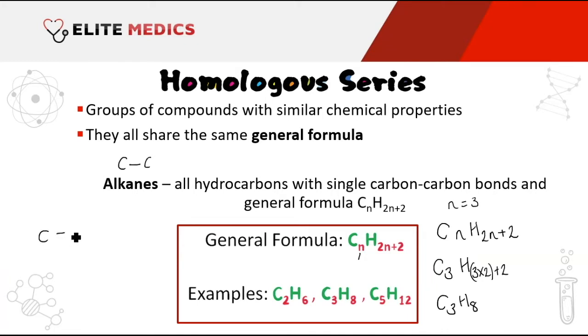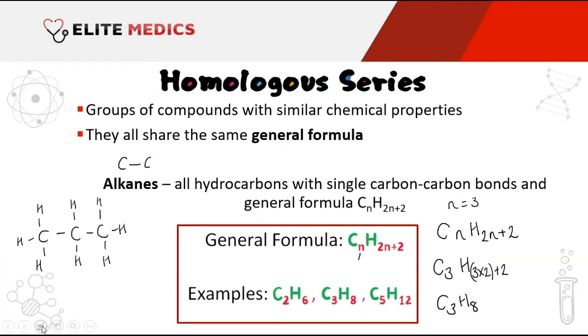So that's really important. When I draw these, and you will be expected to draw them in your exam, I'm going to go through a couple of examples later. We've got 3 carbons, and then we need to draw 8 hydrogens. So we've got 1, 2, 3, 4, 5, 6, 7, 8.